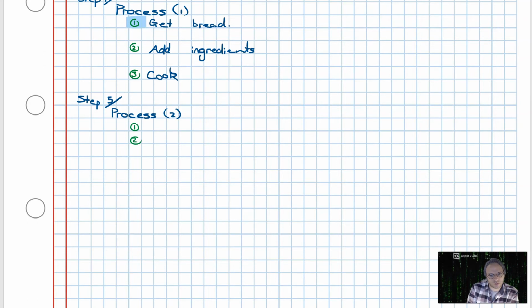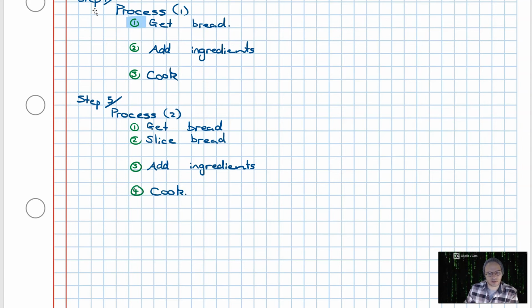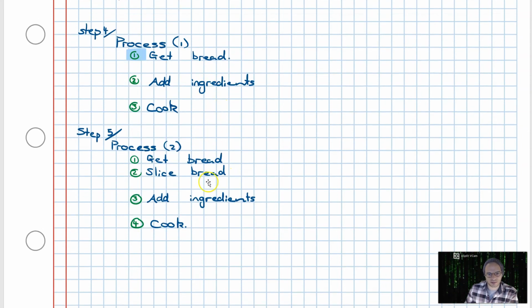Now the first step was I'm going to get the bread, but what I'm going to do is I'm going to slice the bread. I decided that I needed to add the ingredients still. And then finally step 4, I said cook. Right. So the difference between the first process and the second process is steps 1 in the first one and steps 1 and 2 in the second one.